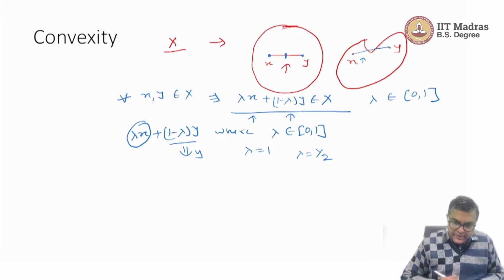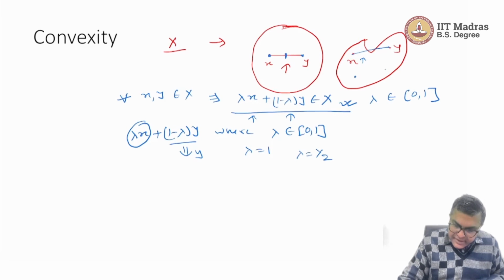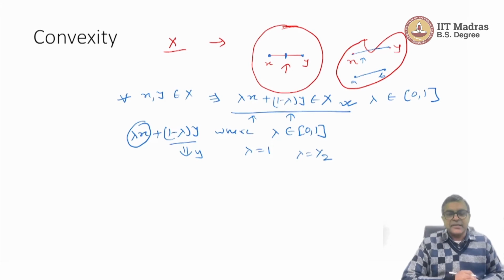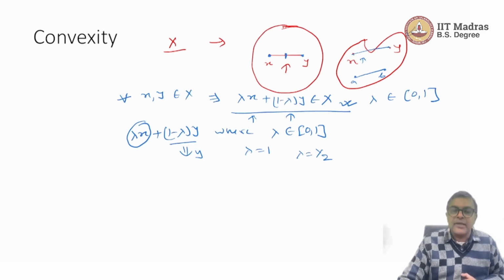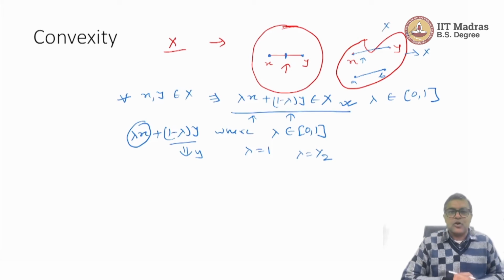So, if this is completely contained in X for any x and y, here you can take x and y, let us say now you say A and B, it is completely contained within the set. But can we call this set a convex set? No, because there exist two such points x and y. When we draw a line through them, that segment that lies between x and y is not completely contained within the set X, and therefore it is not convex.